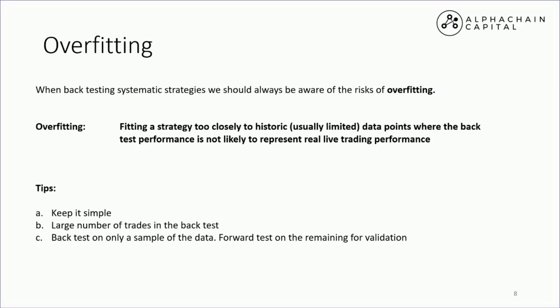If you're confident, then you can start to forward test on the remaining 40% of data. What you're doing there is trying to avoid overfitting by keeping a part of the data available for you to forward test, to check: if this is my strategy, it worked well on the previous 60%, let's see how it will work on the next 40%. These are just a few tips to take away that hopefully help you avoid overfitting, which is huge in systematic trading and these strategies.